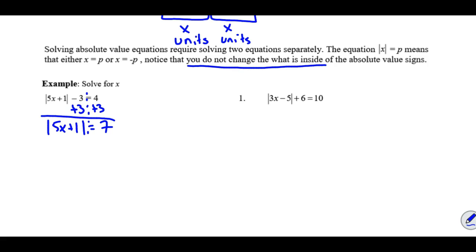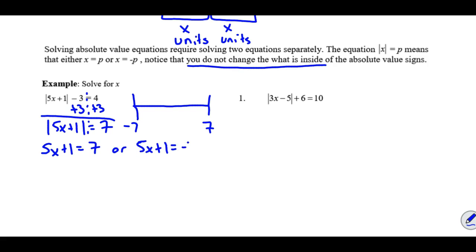So that means that if I have a number line, I'm looking at either negative 7 or positive 7, because it says the absolute value equals 7. So what's inside, my 5x plus 1, has to either be 7 or 5x plus 1 has to equal negative 7, because the absolute value is 7, so what's inside is either positive or negative.